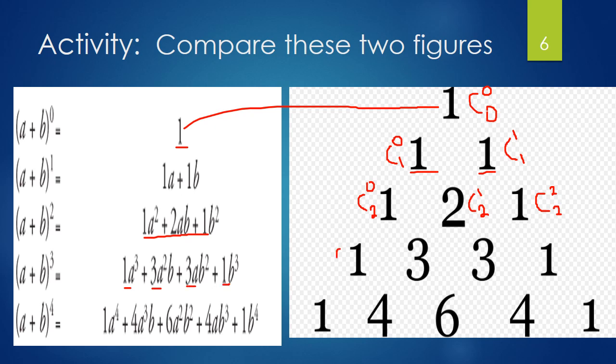This one is C(3,0), this 3 is C(3,1), this 3 is C(3,2), and this one is C(3,3).